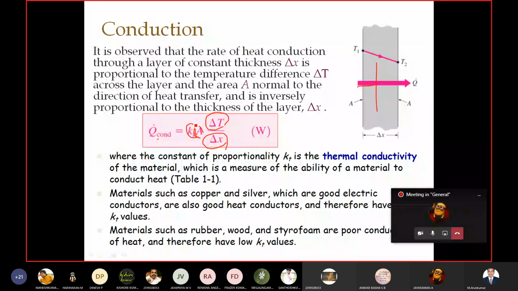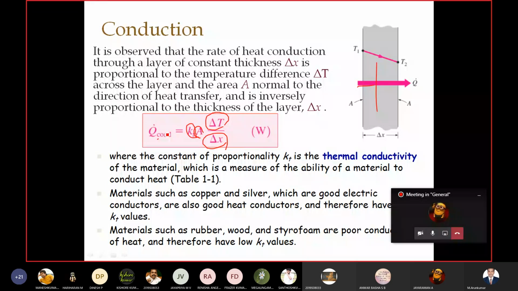Heat Q dot equals kT times A times delta T by delta X. Here kT stands for the thermal conductivity of the material we use, A stands for the area of the solid normal to the heat flow, delta T stands for the temperature difference, and delta X is the thickness of the solid. Then each and every material has its own thermal conductivity.